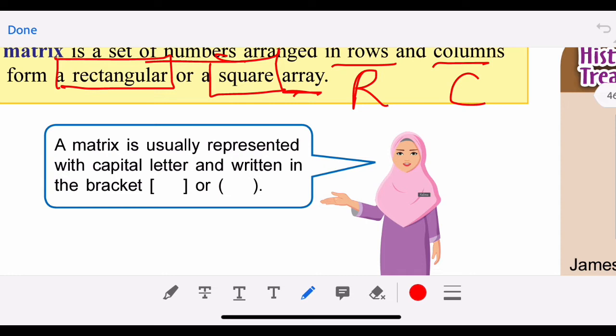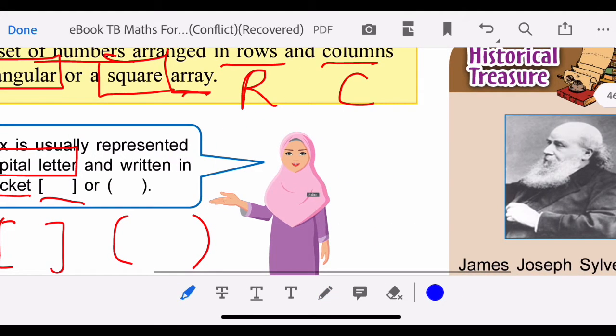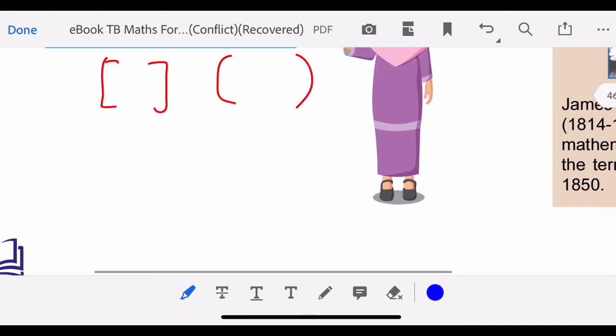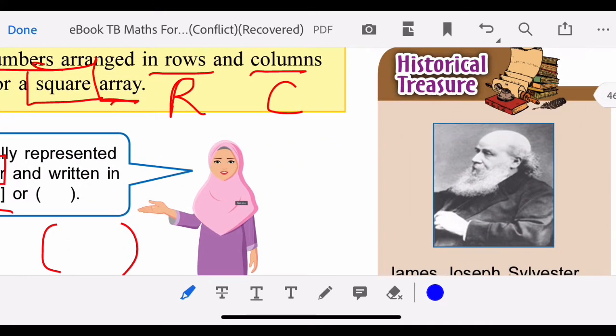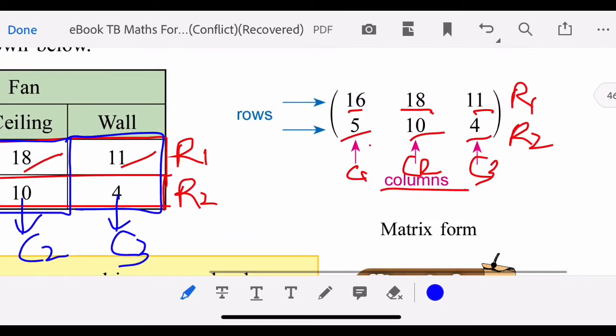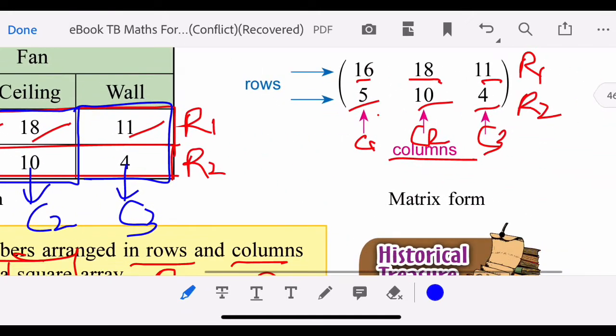Now a matrix is usually represented by a big capital letter and written in brackets. We have two types of brackets, either you use the square bracket or you use the oval shape bracket. Okay, got it? So that means a matrix actually originated from data from the table, right?